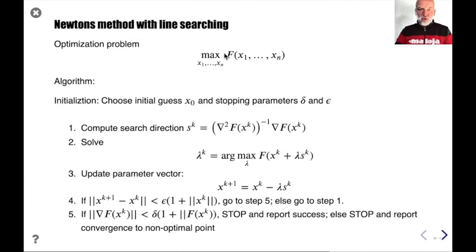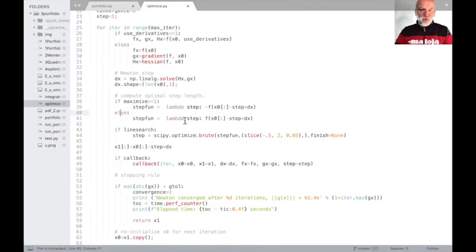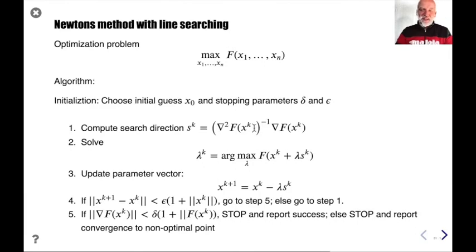So here we are doing maximization, so we are trying to maximize the function. Here, this is that minimization routine that I'm using, so I would minimize the negative of the function I'm maximizing. You can wrap your head around that, but it's a little bit tricky.